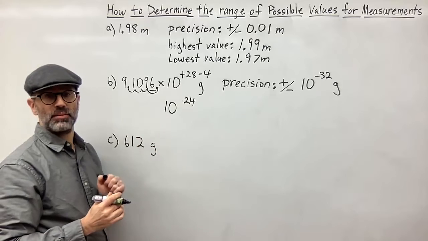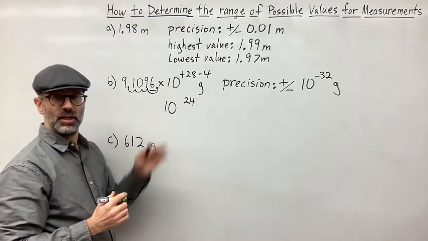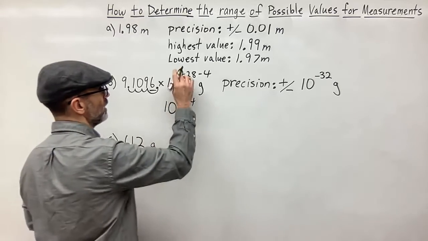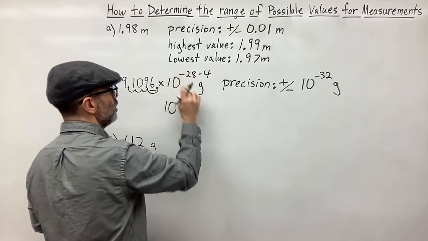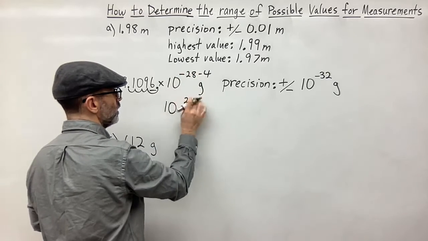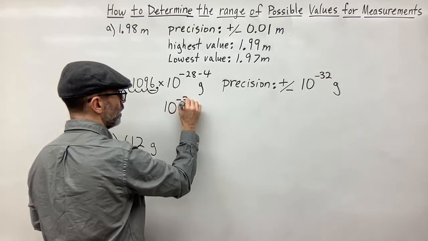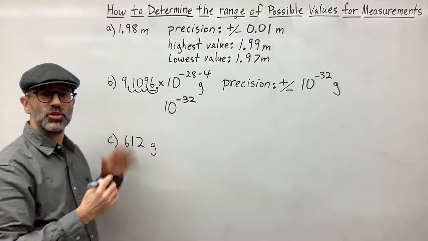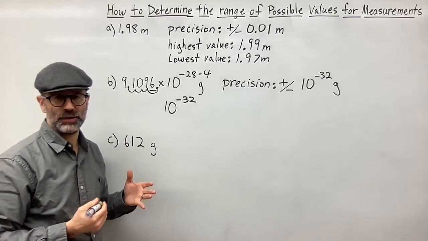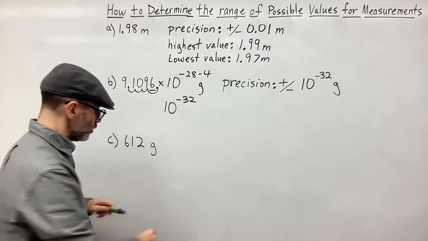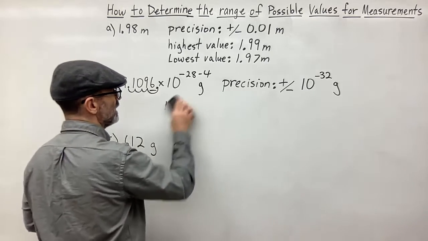And then that would be my precision, plus or minus 10 to the 24. But here I'm given a negative. This is a negative 28. So negative 28 minus 4 gives me a negative 32. So that works with any number written in scientific notation. Okay? So now is the easy part.